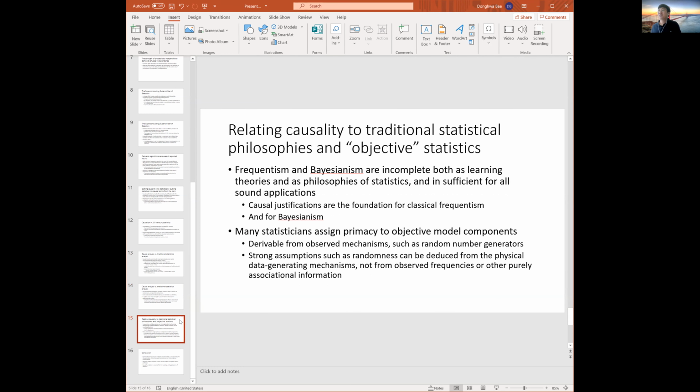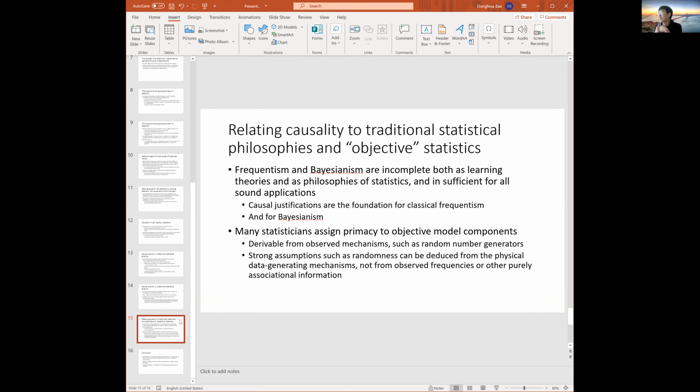Okay, and honestly, I do not fully understand the next part about relating causality to traditional statistical philosophies and objective statistics. The authors talk about the relationship between causal theory and frequentism and Bayesianism, and further objective statistics.